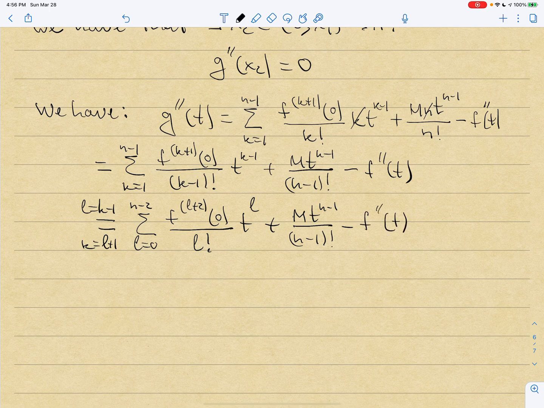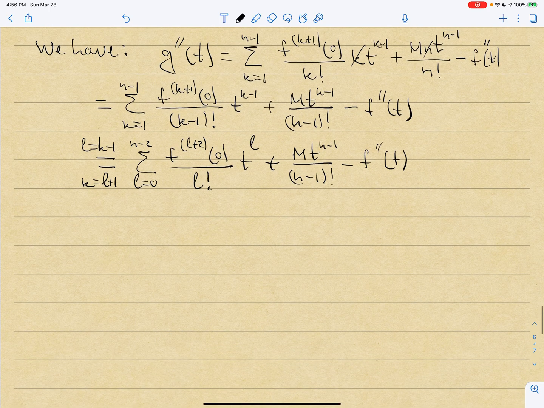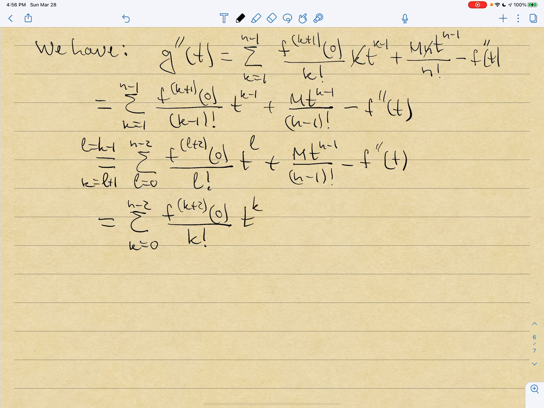And then again, I use the fact that L is a dummy index and I replace L by k again. So this is a sum, k from 0 to n minus 2, f k plus 2 of 0 over k factorial t to the k, plus the rest.